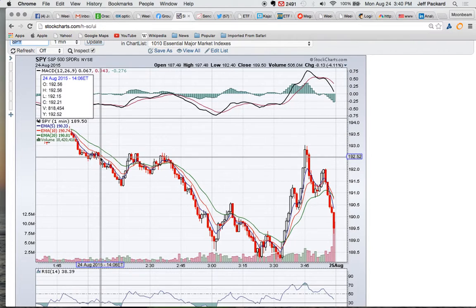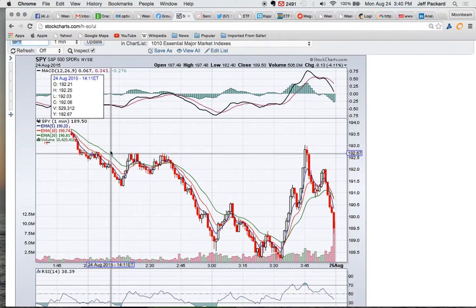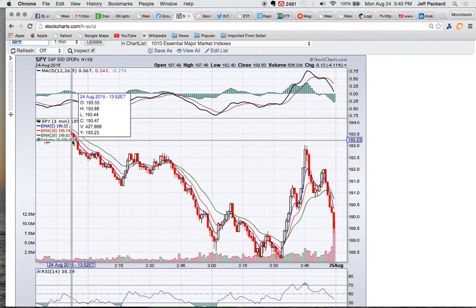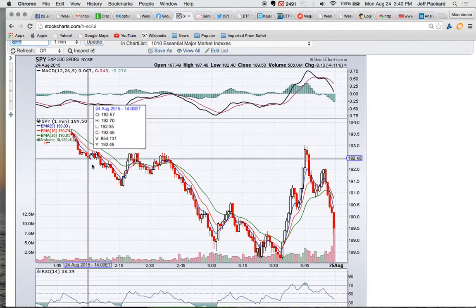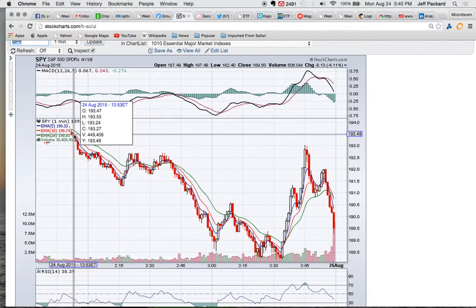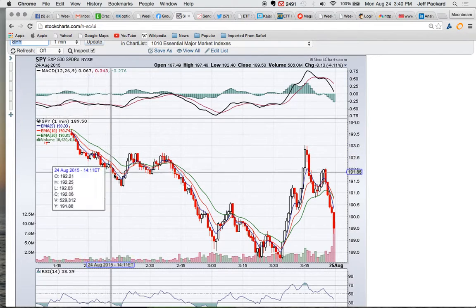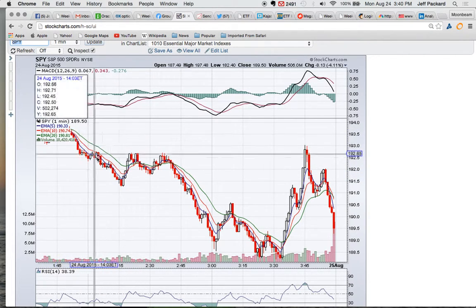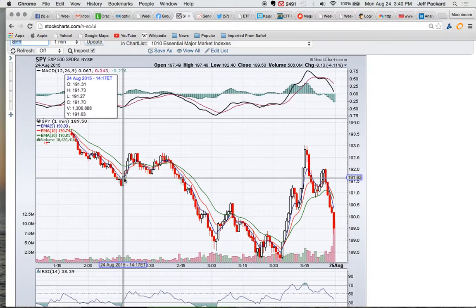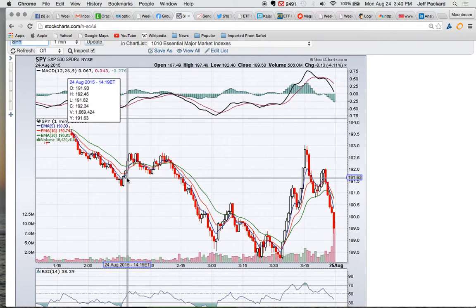I'm using a 5-day moving average, 10-day moving average, and a 20-day moving average, really short-term trades, especially on a 1 minute chart. But we could have made about a $2 move here on this one. And a $2 move in options is really good. So something to think about.